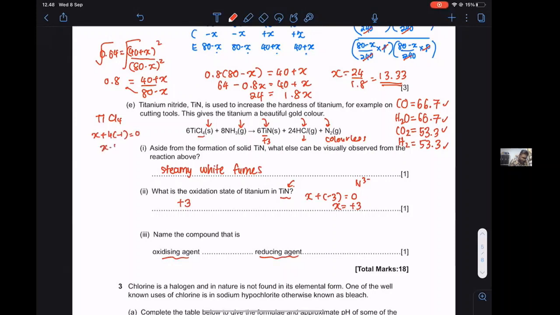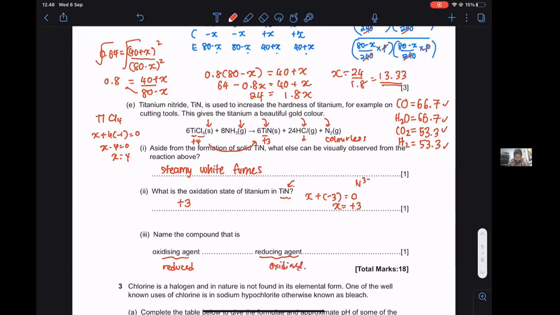So X minus 4 equals 0, X equals 4. So Ti is going to be +4. From +4 to +3, it is reduced. So always remember what is being reduced. Oxidizing agent will oxidize others, but they themselves will get reduced. Reducing agent will reduce others, but they themselves will get oxidized.